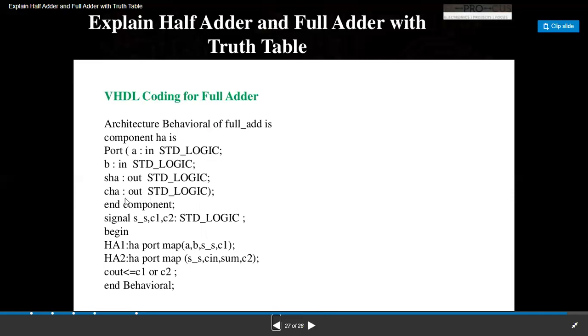Similar to the previous one, we write the same component statement for the half adder.